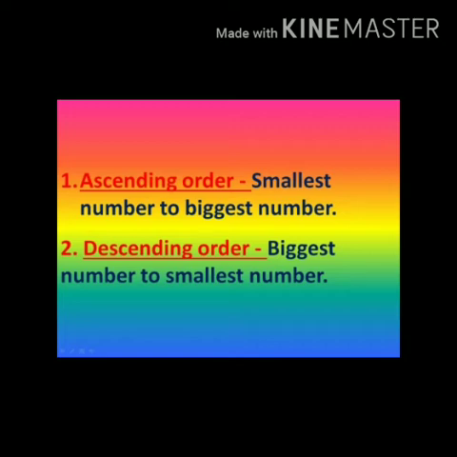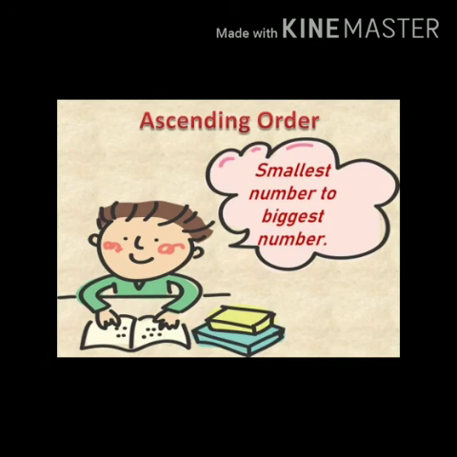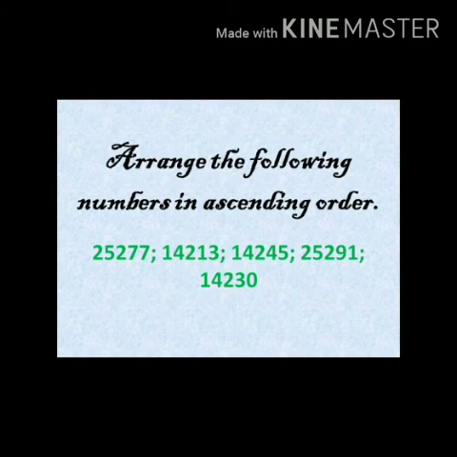Descending order means to write the numbers from greatest to the smallest number. Ascending order means smallest number to biggest number. Now, with the help of an example, we will make clear how to write numbers in ascending order.